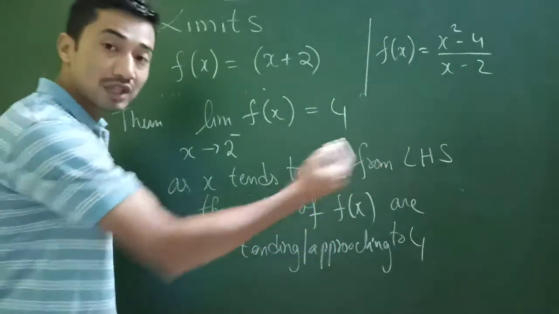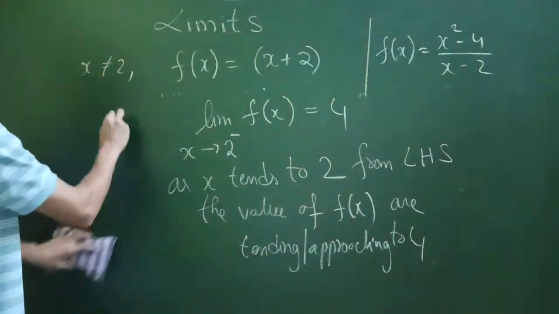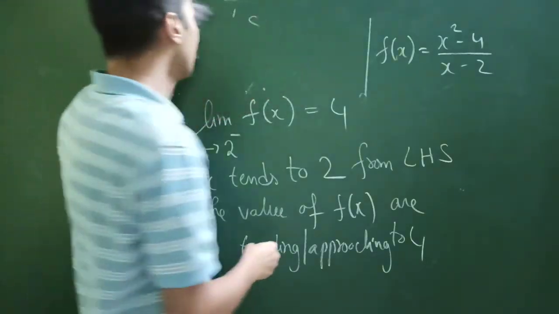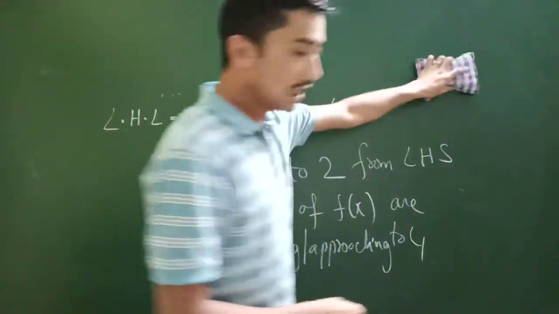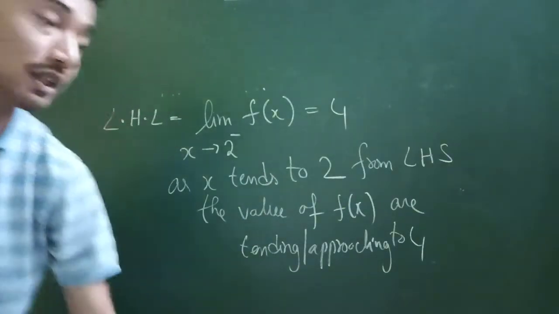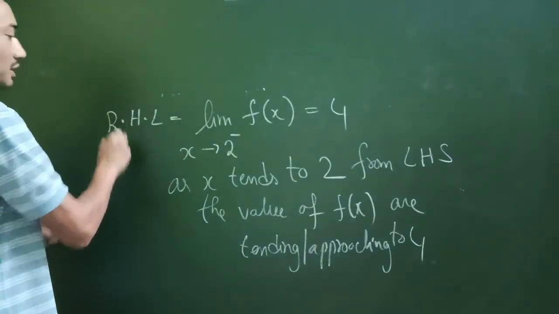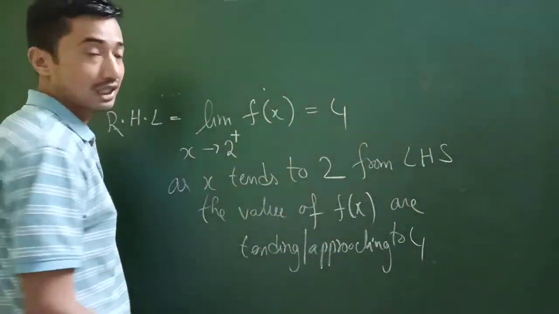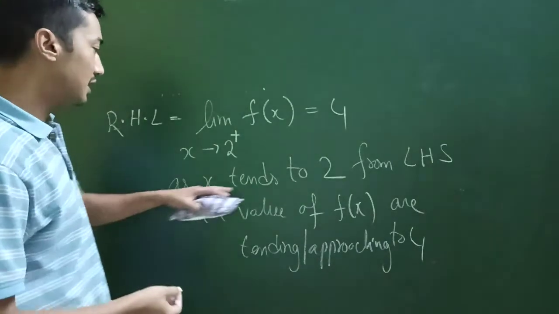Similarly, if we approach from the right hand side, the left hand limit is written like LHL in short sometimes. And what about the right hand limit then? Definitely right hand limit is approaching a particular function from the right hand side, as x tends to 2.